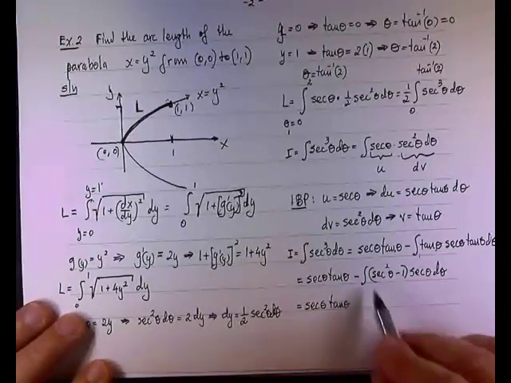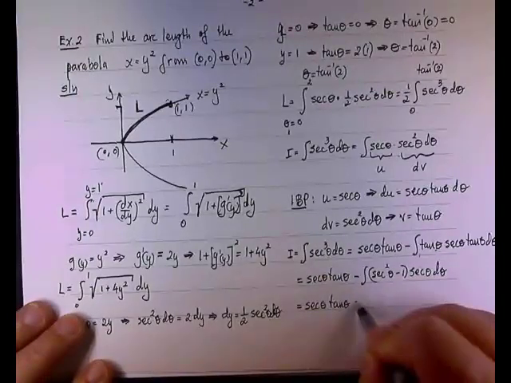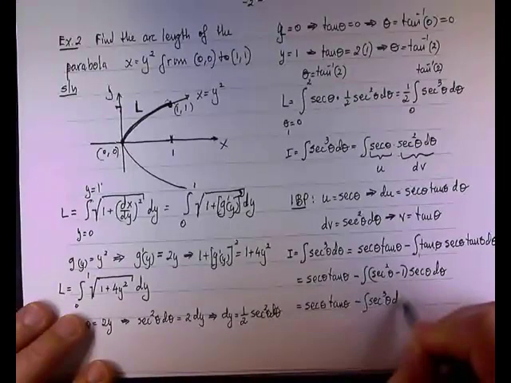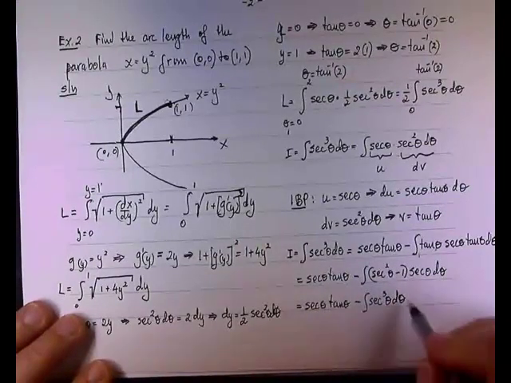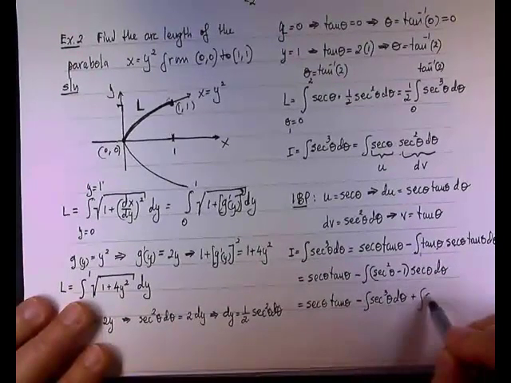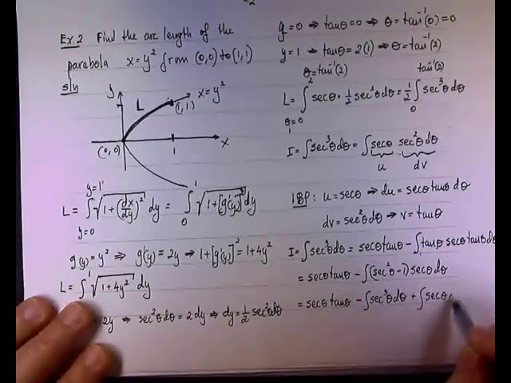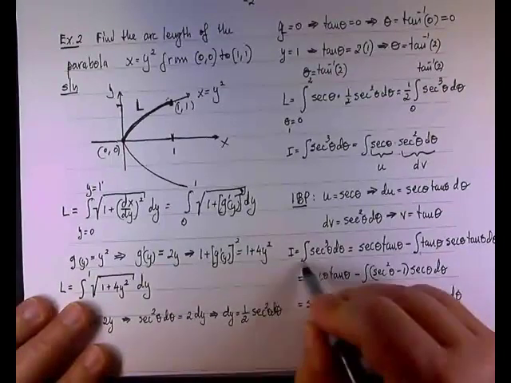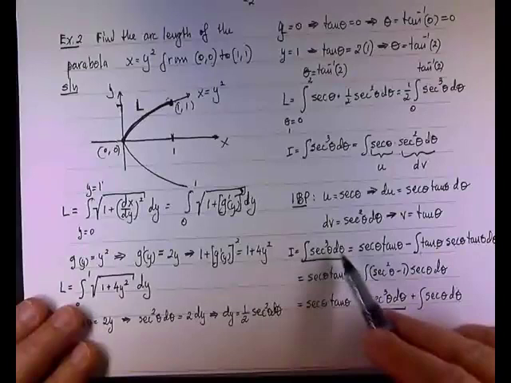Again, secant tangent. Now watch closely. We clear the parentheses and we have minus secant cubed of theta d theta, and then plus the integral of the secant of theta d theta. Now look at this.